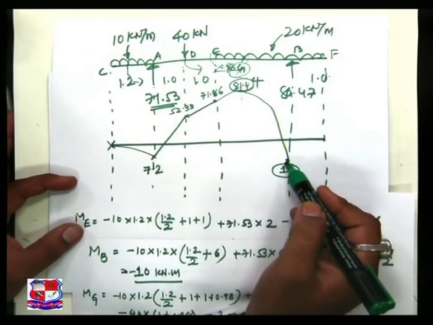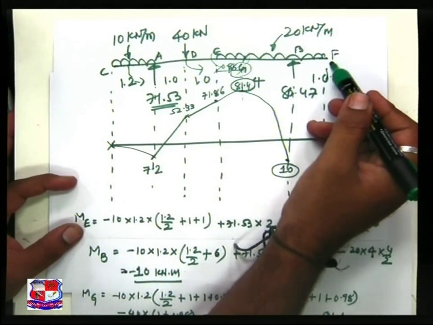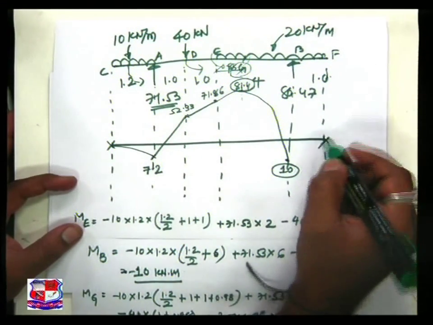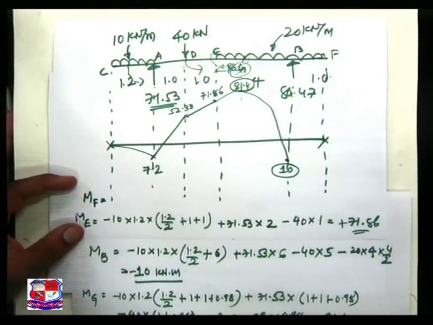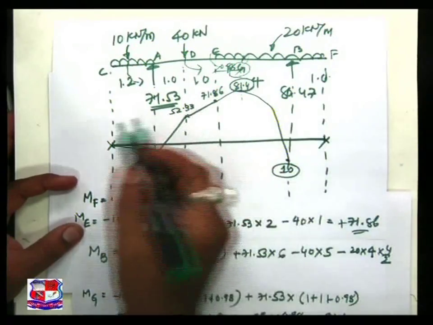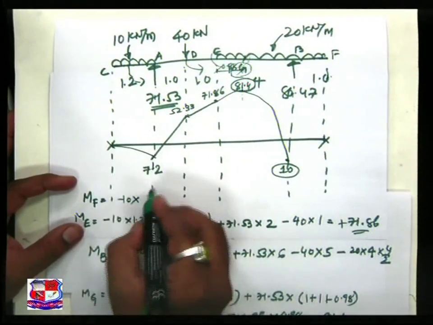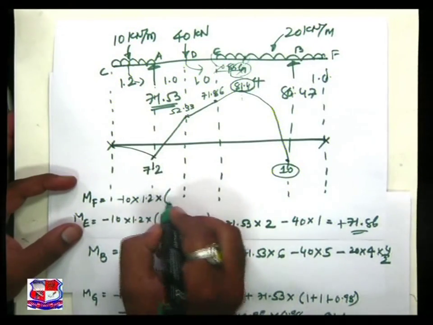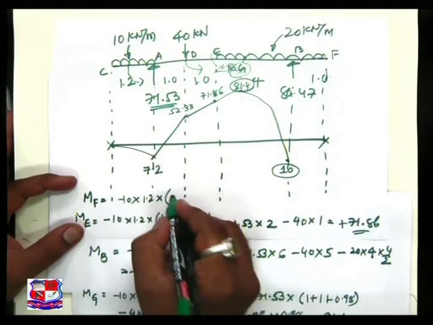We can plot it out right now. Let us find out at F. Obviously this value is 0, but even so, if you want to carry out a check, MF is equal to, from left to right, as we are going from left to right, minus 10 into 1.2 into bracket 4 plus 1, 5 plus 1, 6 plus 1, 7.